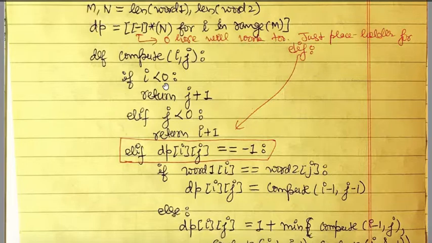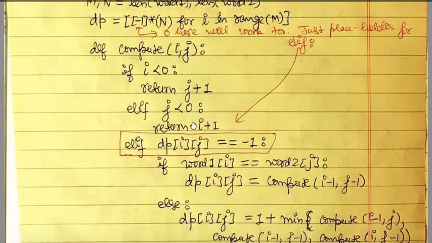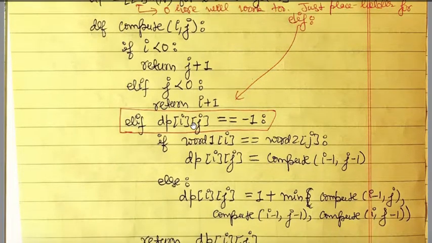So it is likely that when we call dp of m minus 1, n minus 1, it will search m minus 2, n minus 2 and so on. So it is possible that the index becomes negative at some point. Whenever the row index becomes negative, we return j plus 1, and if the column index is negative, we return i plus 1. This is just to handle the corner case.